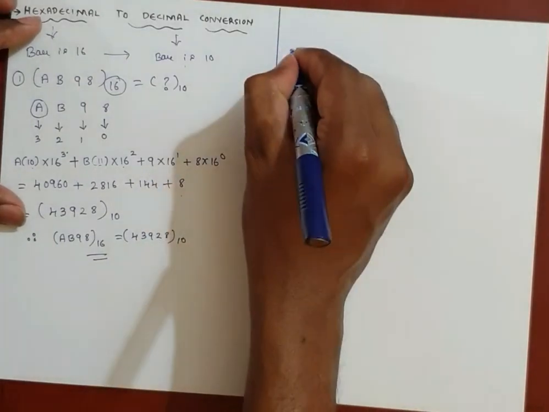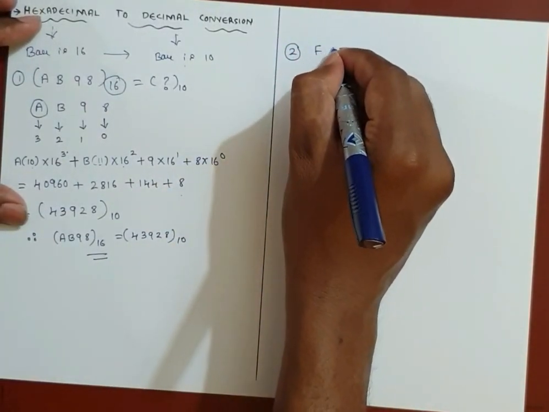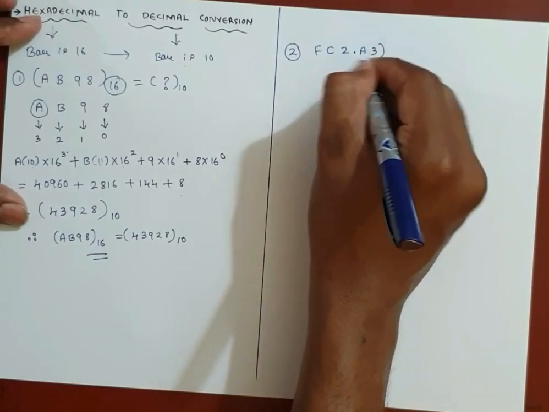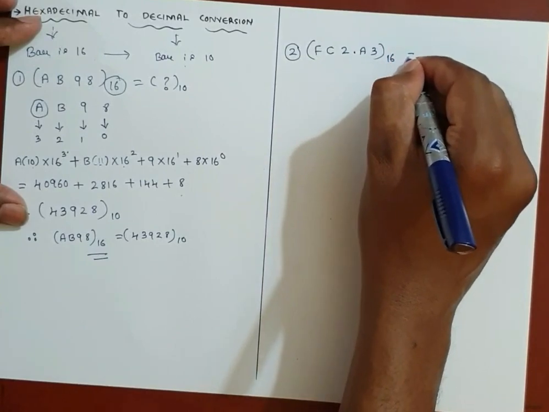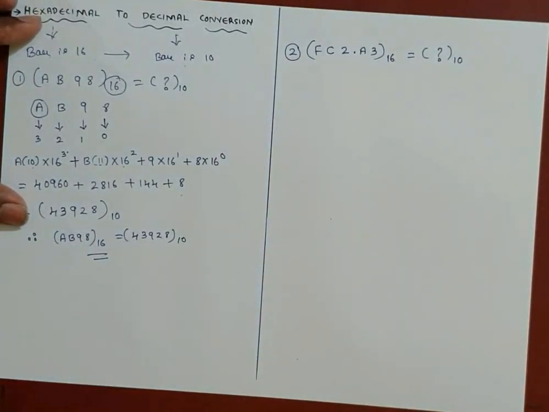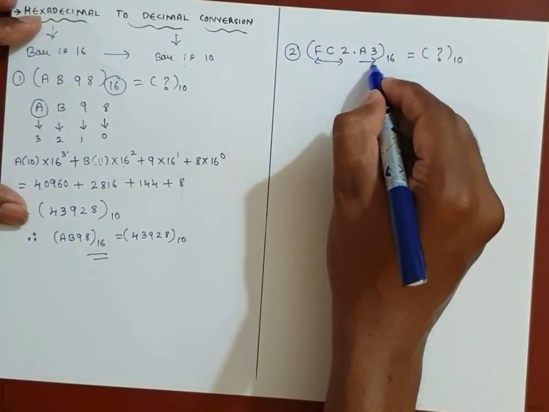Next numerical, let us consider FC2.A3 to the base of 16 will be equal to question mark to the base of 10. So here it consists of both an integer part and a fractional part.